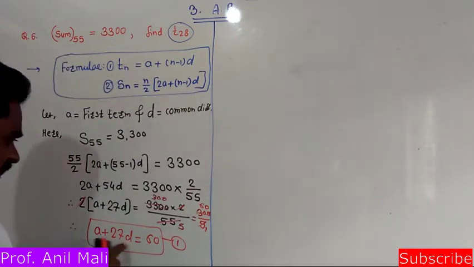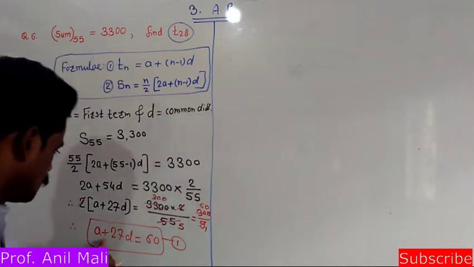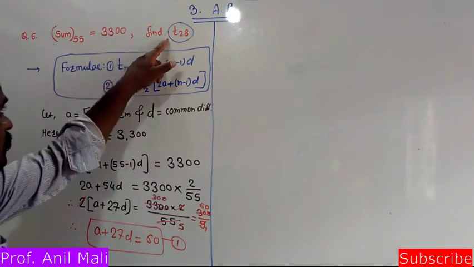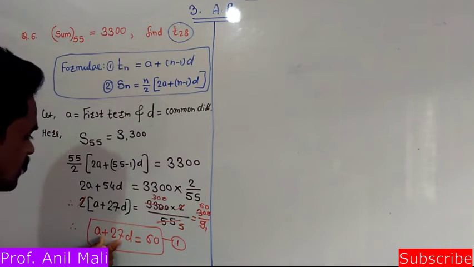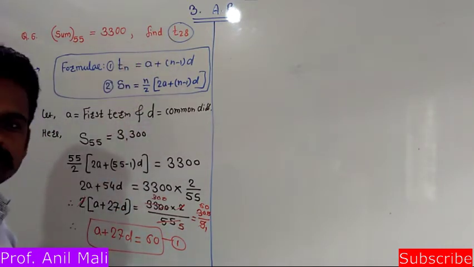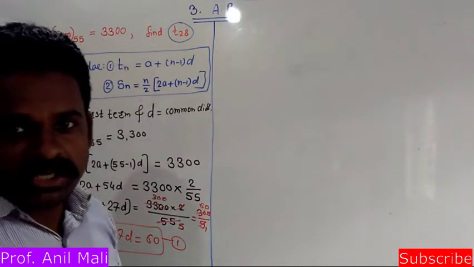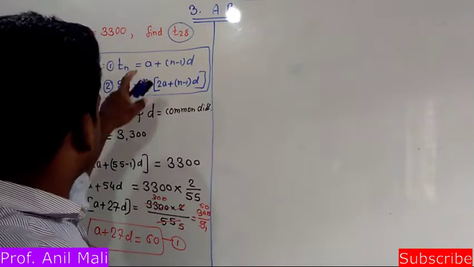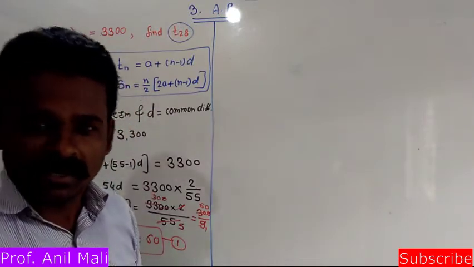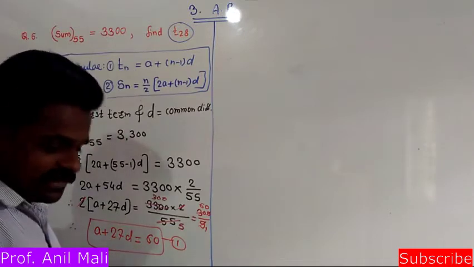And A plus 27D is here 60. So T28 is equal to 60. Okay, fine. So here you just need to apply this formula in your mind only, and then you can easily find out the answer.